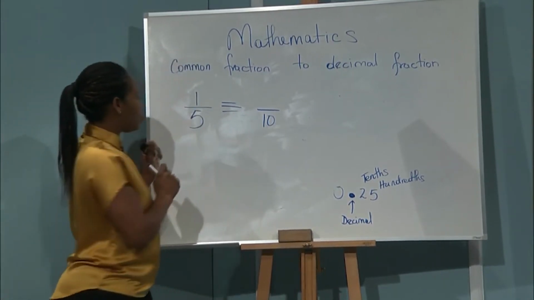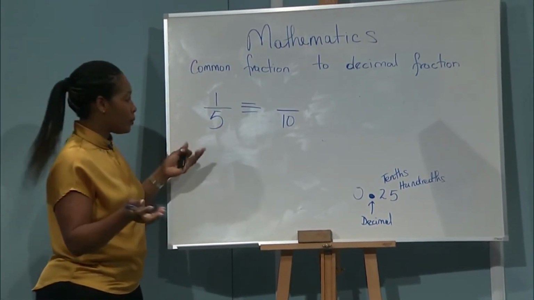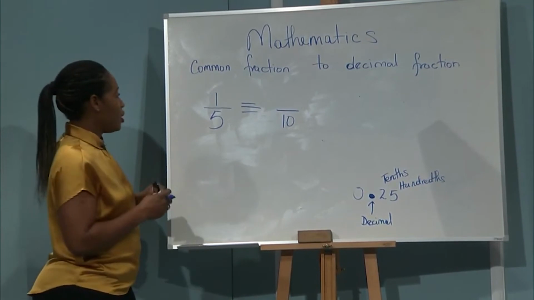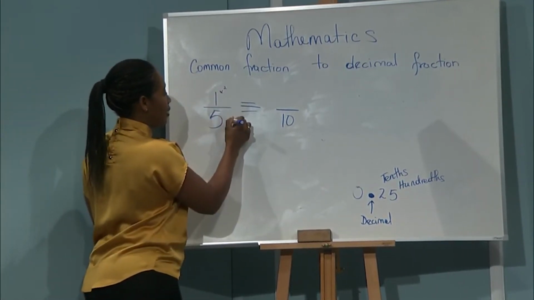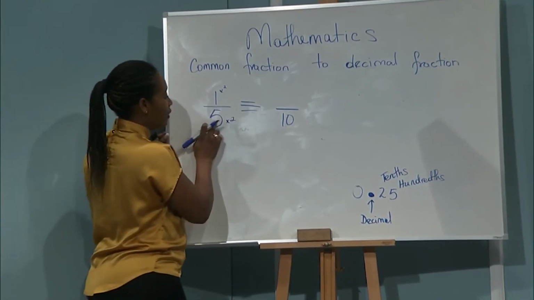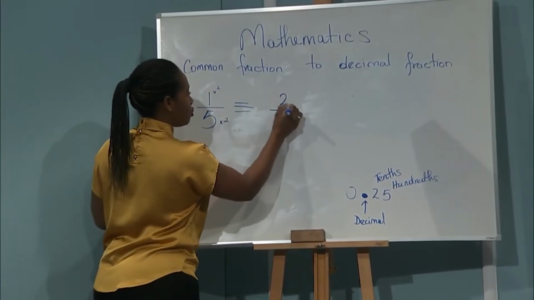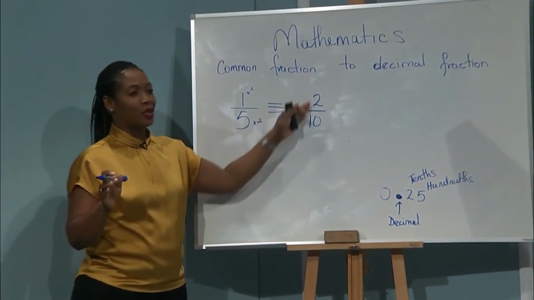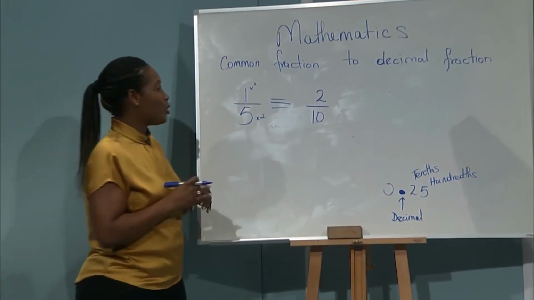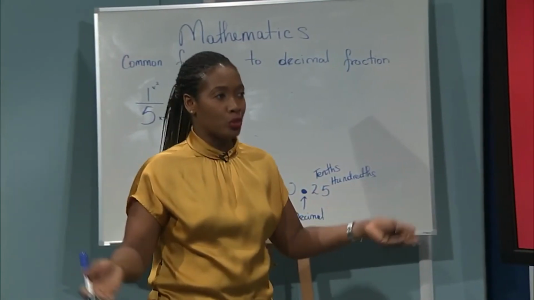What would you have to do to 5 to get it to 10? Multiply it by 2. And remember, I just said you must do it for both the numerator and the denominator. So 5 multiplied by 2 gives us 10. 2 multiplied by 1 gives us 2. So 1/5 is equivalent to 2/10, right? 2/10, as you can see, is 0.2.